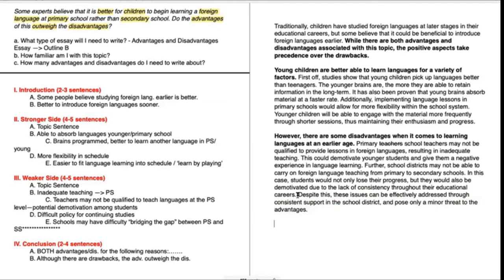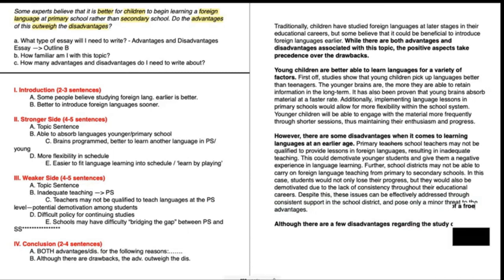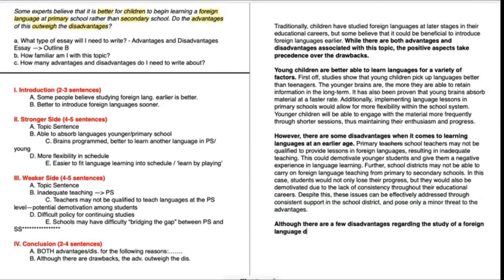For the conclusion, I'm going to summarize both of my points. I'll put it in bold. And again, I'm just going to say, although there are a few disadvantages regarding the study of a foreign language during primary school, there are a plethora of advantages that outweigh the negative aspects.